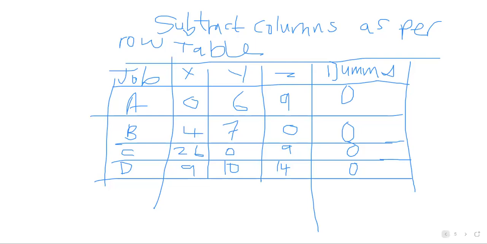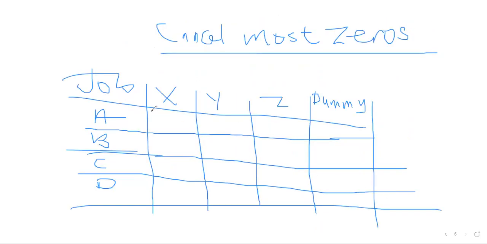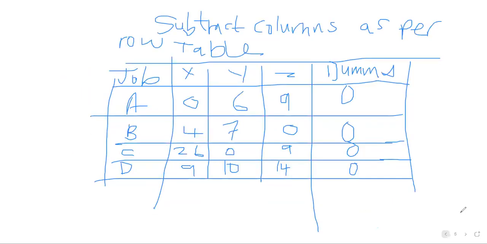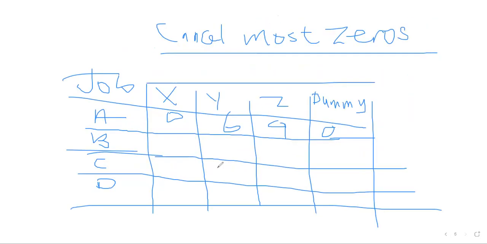So here we have 0, 0, 6, 9, 0. Then the other one is 4, 7, 0, 0.